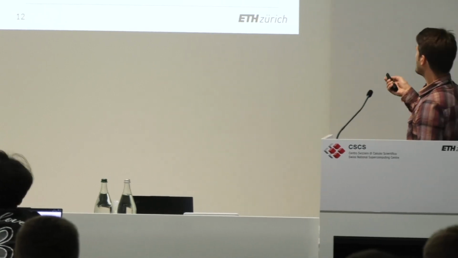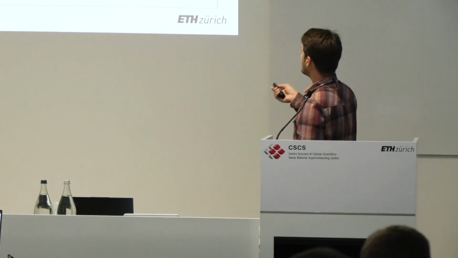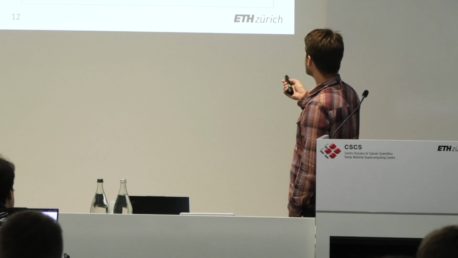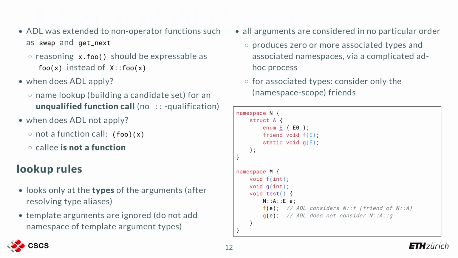The function arguments are considered in no particular order, and then it produces associated types and associated namespaces from those arguments. Again, this is a complicated process, and from all those associated types, it will consider only namespace scope friends.